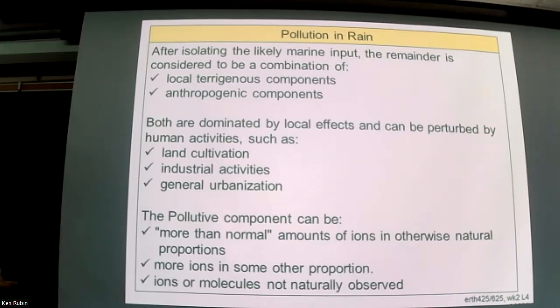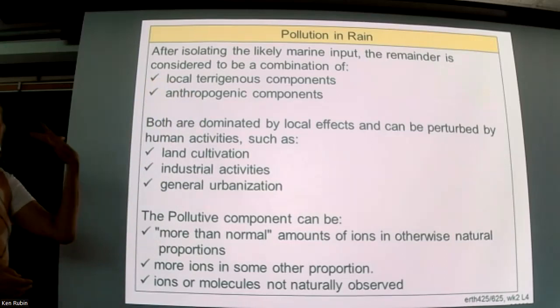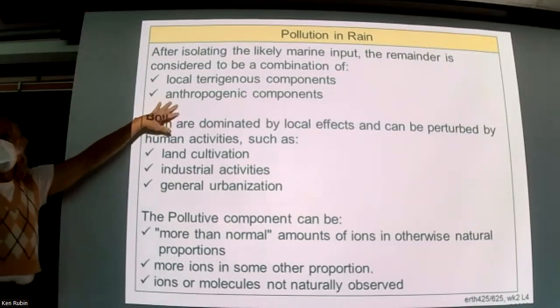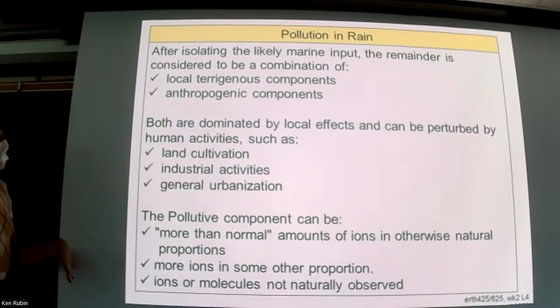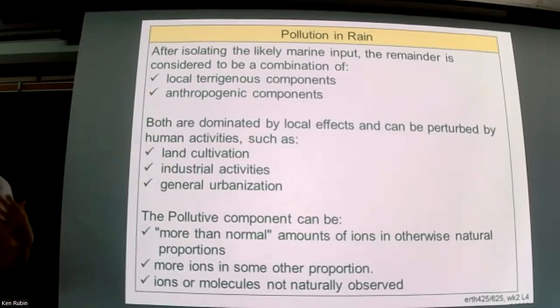Pollution in rain, for the major constituents, is really two things: an enhanced production of local terrigenous components. Think about agricultural practices, tilling a field on a dry day and making a big plume of dust, plus anthropogenic components, all the stuff that we add to the environment. And these things are dominated by these kinds of land use practices.